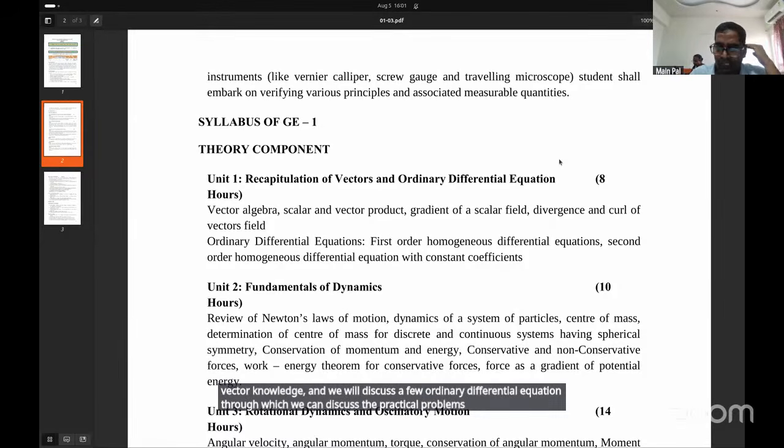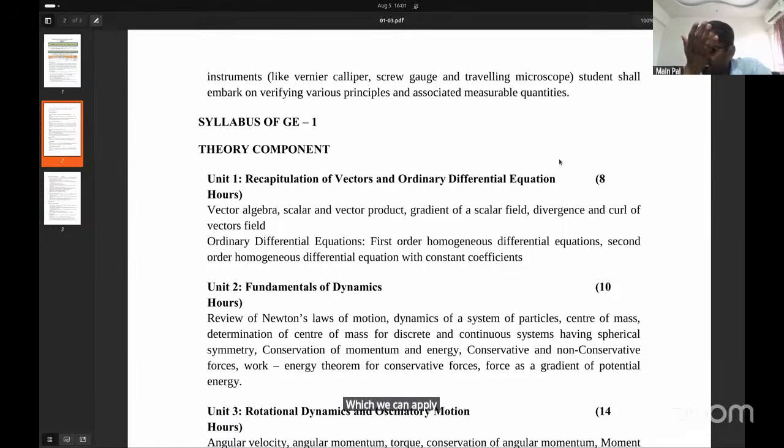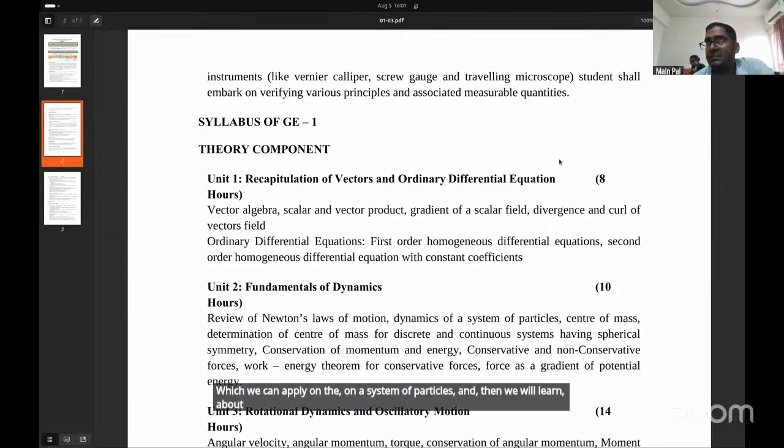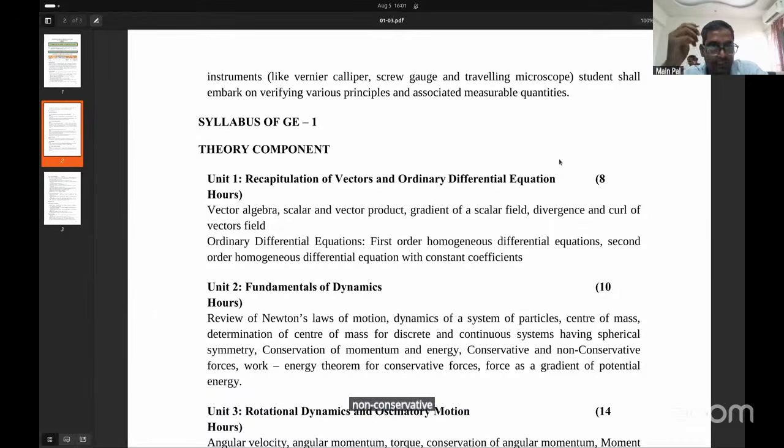Then we will learn Newton's laws, including how to apply them on a system of particles, and then the conservation of momentum and energy, and conservative forces like the gravitational force, and non-conservative forces like dissipative or frictional force.